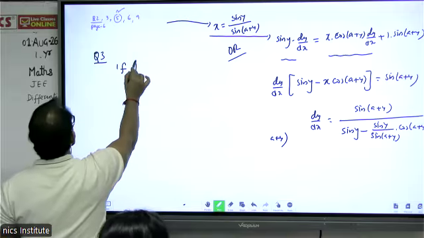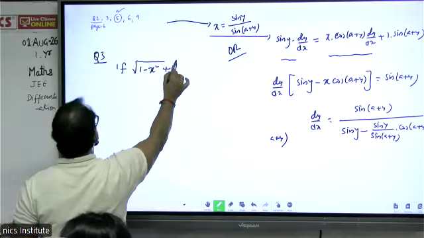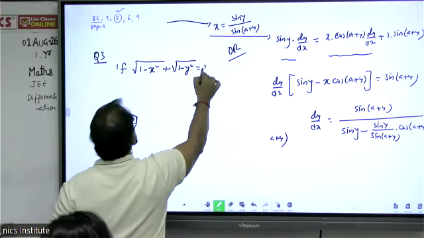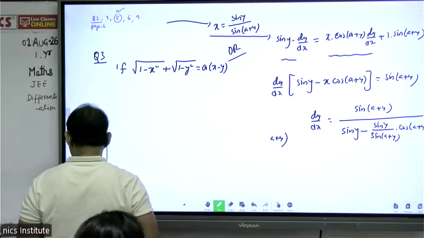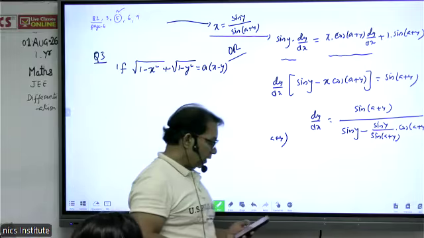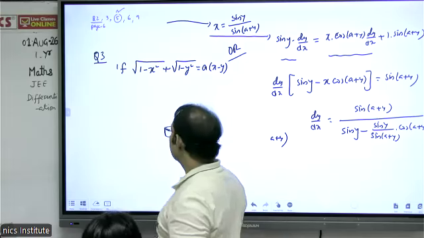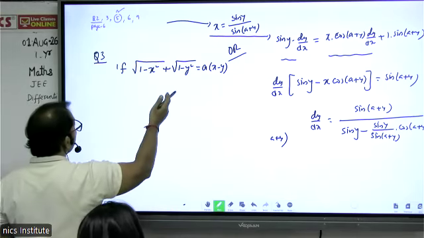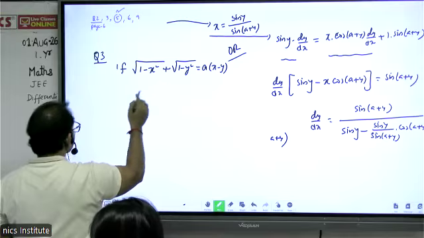In third question, you have under root 1 minus x square plus under root 1 minus y square is equal to a into x minus y, right? I need to show that dy by dx is under root 1 minus y square over under root 1 minus x square. So we can simplify this first by some substitution. Otherwise, if you do directly, a will be there, and even if you replace a, the answer will not come.